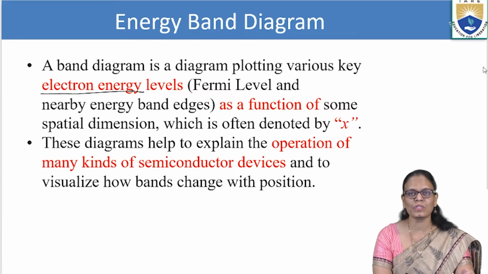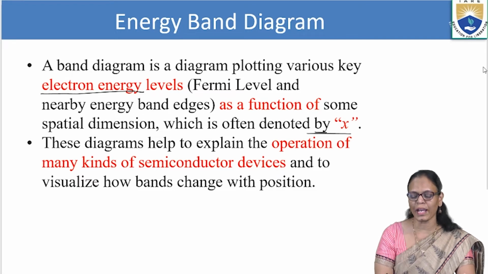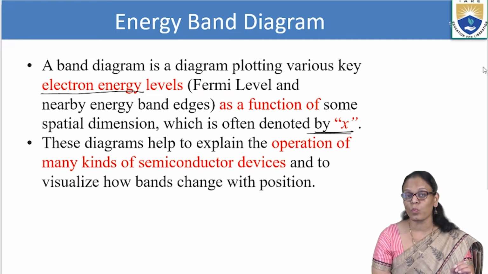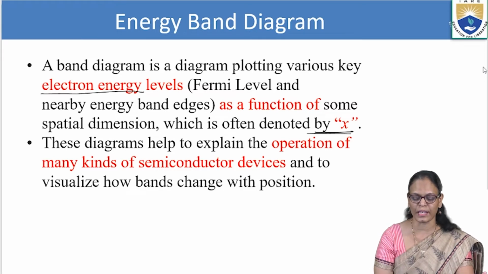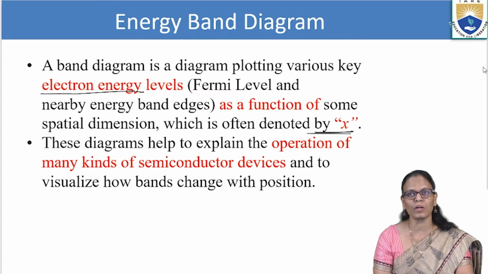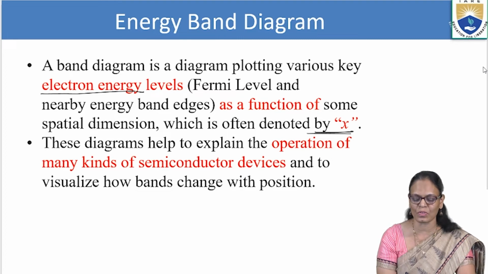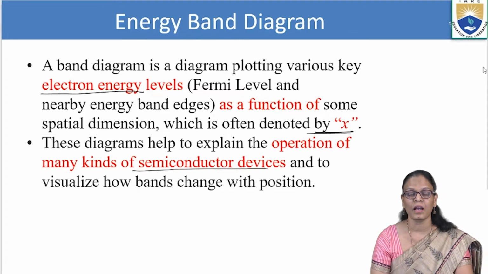Electron energy levels, when we say here, they are the Fermi levels and the nearby energy band edges, and they are plotted as a function of some spatial dimension which is often denoted by X. Why we are drawing these diagrams and how they help us is, they help us to explain the operation of many kinds of semiconductor devices and to visualize how bands change with position.